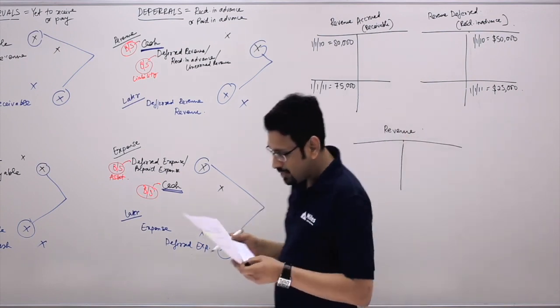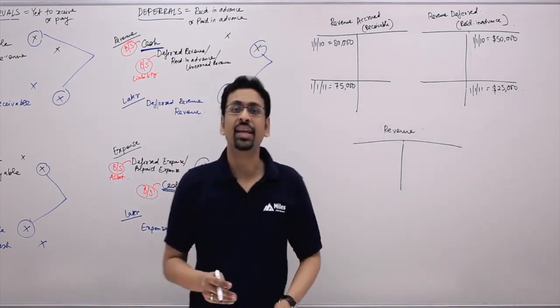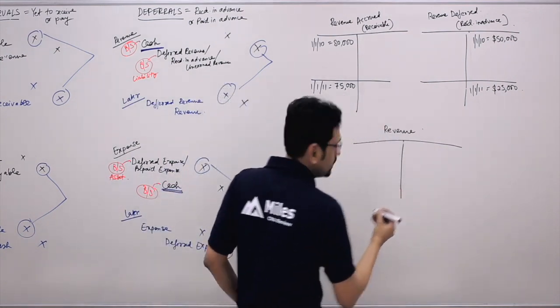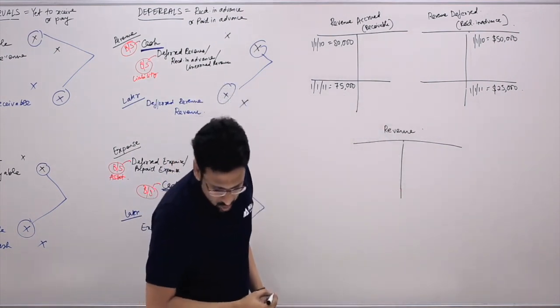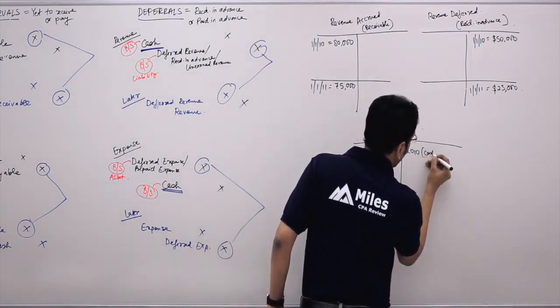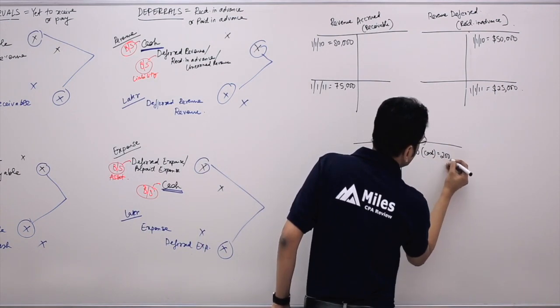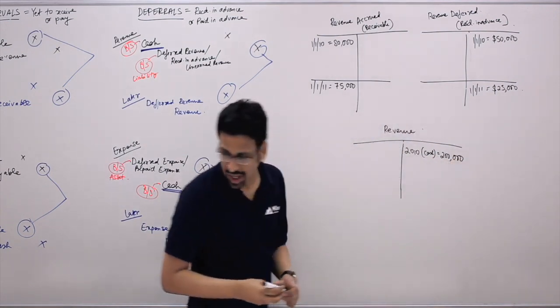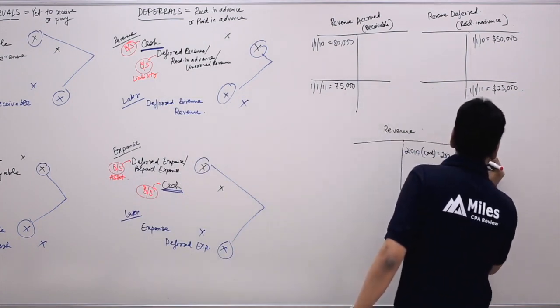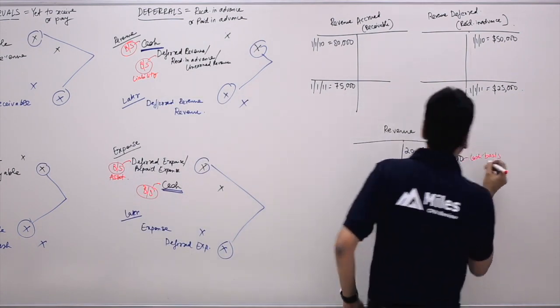Now they have given us the amount of cash that we have received during the year. So amount of cash received during 2010 is $200,000. Now if this was cash basis accounting, then this would have been the figure for royalty income.